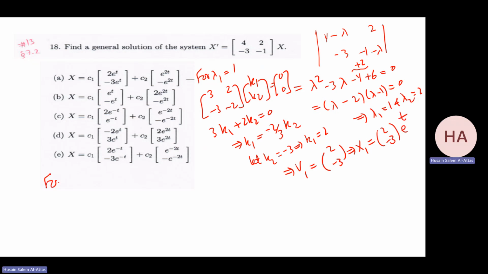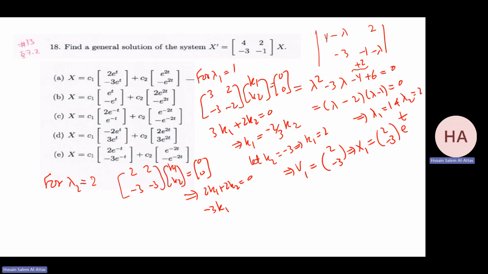Okay, now for lambda 2, which is equal to 2, what do we have? We have 2, 2, minus 3, minus 3, times K1, K2 equals 0, 0. So I have 2K1 plus 2K2 equals 0, minus 3K1 minus 3K2 equals 0.